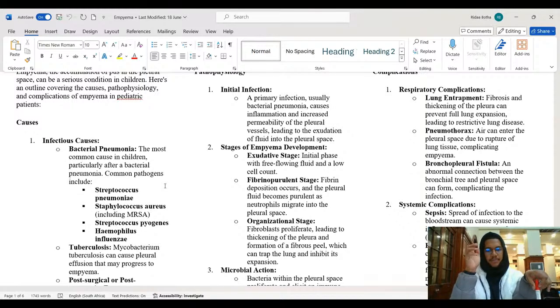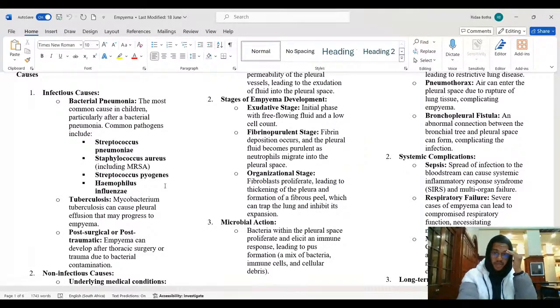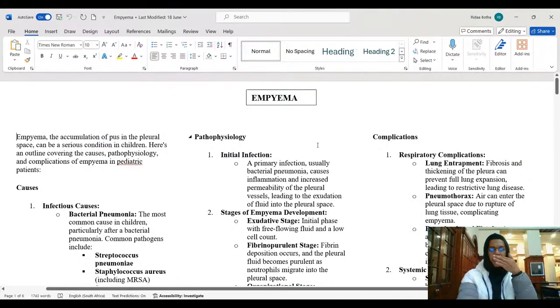When fibrin deposition occurs, the pleural fluid becomes purulent as neutrophils migrate into the pleural space. Then fibroblasts proliferate, leading to thickening of the pleura and formation of a fibrous peel, which can trap the lung and inhibit its expansion. That's why there is an increase in the work of breathing as well. And there's a whole microbial action of the bacteria that occurs.